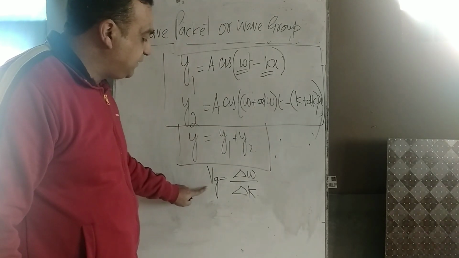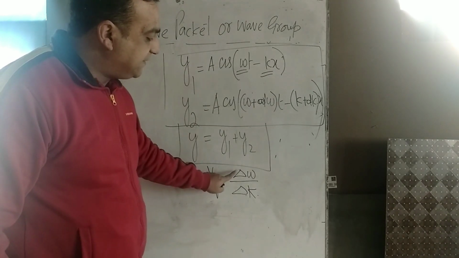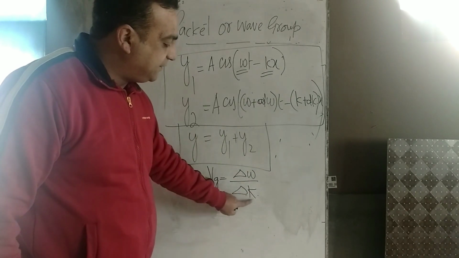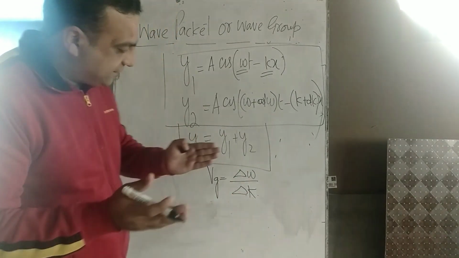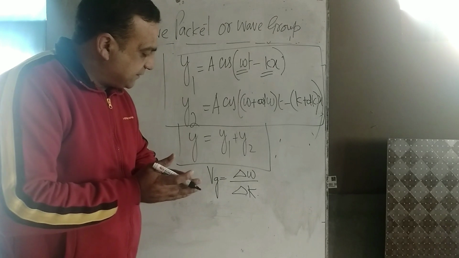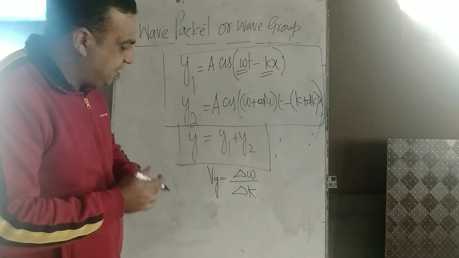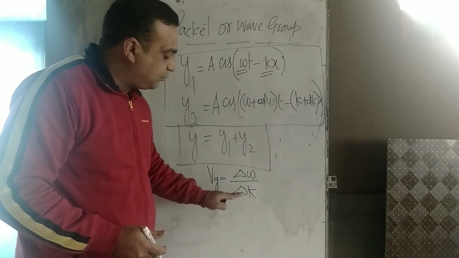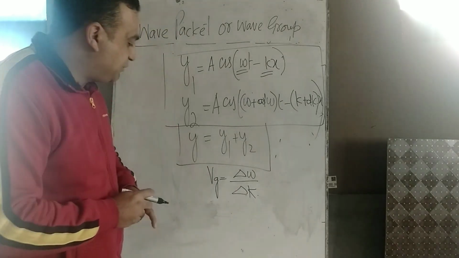This group velocity is equal to Δω/Δk, where Δω is a small change in angular frequency and Δk is the small change in propagation vector.